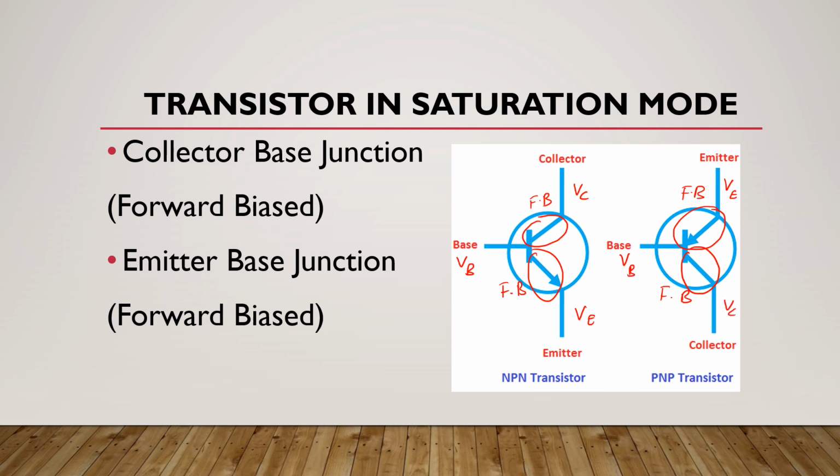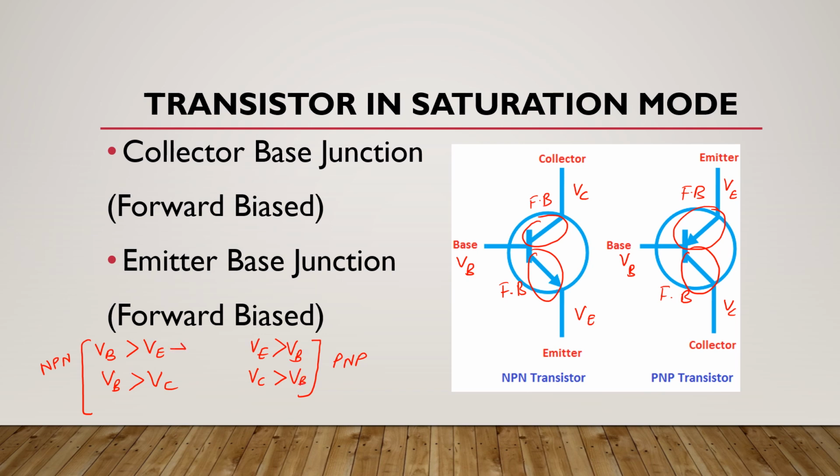So in case of an NPN transistor in saturation mode, VB is greater than VE and VB is greater than VC, and in case of a PNP transistor, VE is greater than VB and VC is greater than VB.